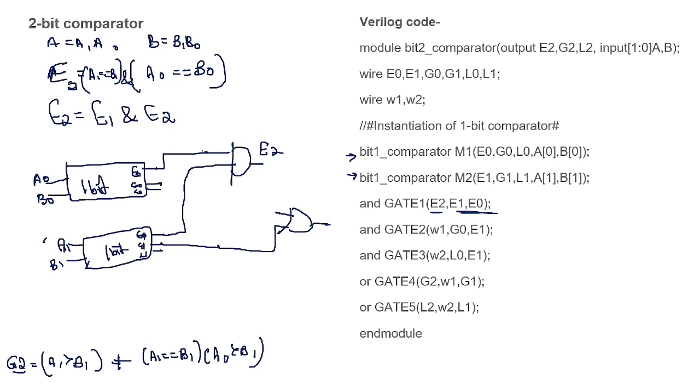Either the previous bit, A1 and B1, is equal, and this statement I need to execute, so AND operation with A0 greater than B0. So this is the greater than symbol. I need to perform the AND operation with this. So this will give me G2. Then L2 we can get directly, as we have implemented these two: L2 is 1 if E2 is 0 and G2 is also 0.